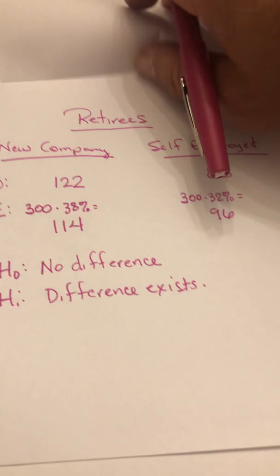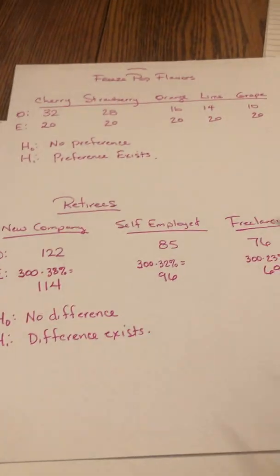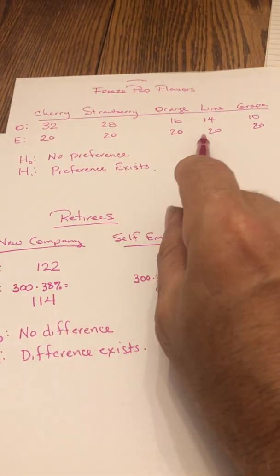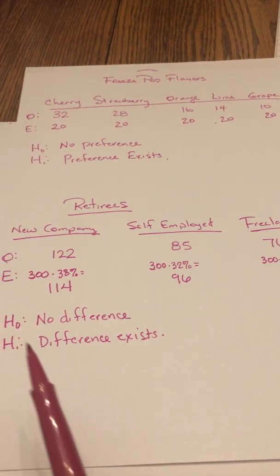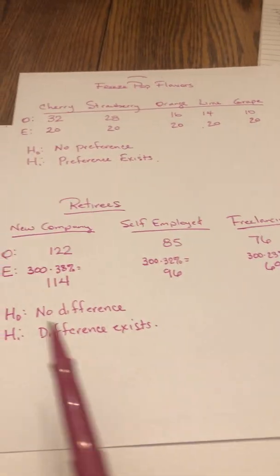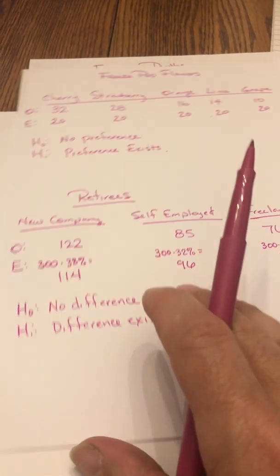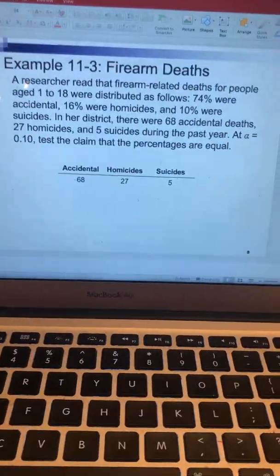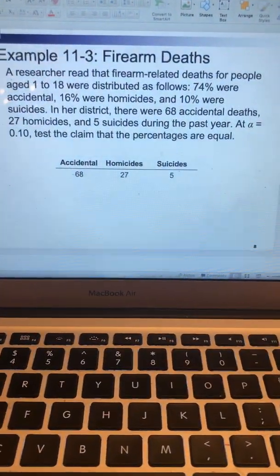One where the sample group should be equally broken apart, and one where they give you the percentages and you need to actually calculate the expected value based upon the sample size. I had one final practice problem on the original slides I would have done for you in class, and that was firearm deaths.